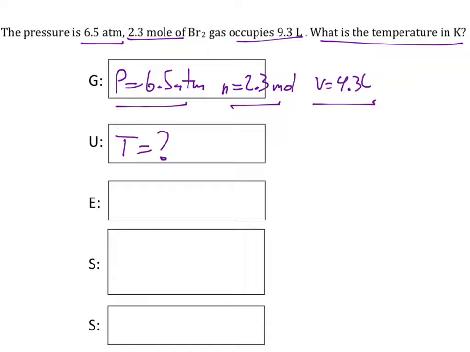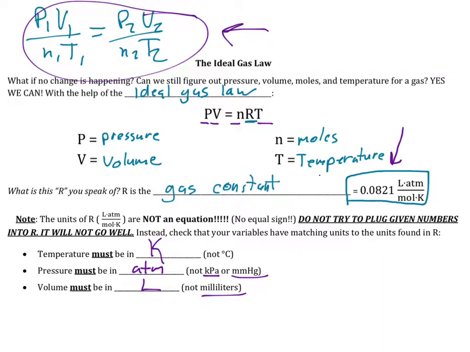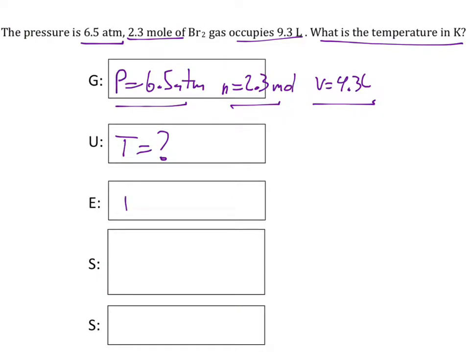Again, there's no change happening. If there was a change, we would use this, but there is no change happening, so we use this, which is PV equals nRT. And then first S is substitute, so that's easy.